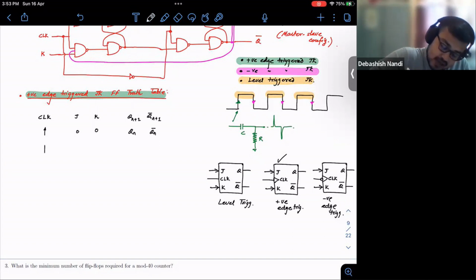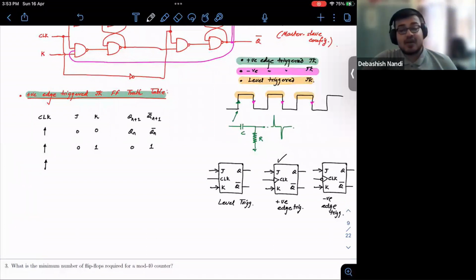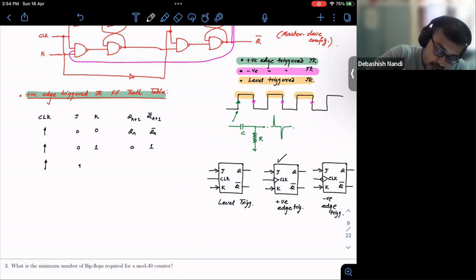Fine. And if it is a positive edge, and the input is 0 1, the output will be 0 1. Earlier we were writing clock as 1 and 0 because we were considering level triggering, right? If this is 1 0, your output would be 1 0.